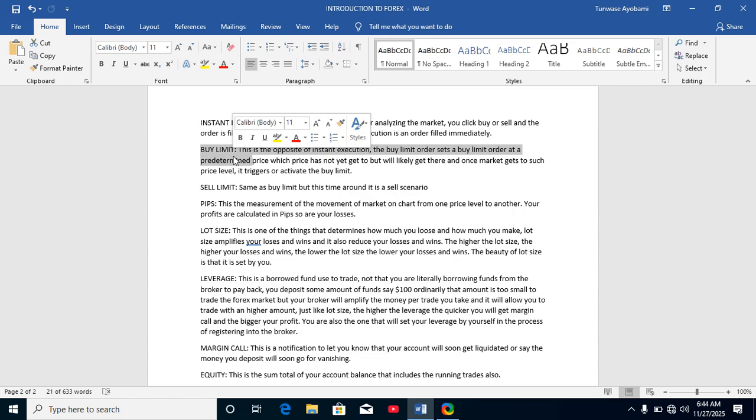Let's take, for instance, the market is at $2 and you are trading New Zealand CHF, that is the New Zealand dollar against the Swiss franc, NZD CHF. You want to buy, and you feel this market is going to fall to around $0.1.